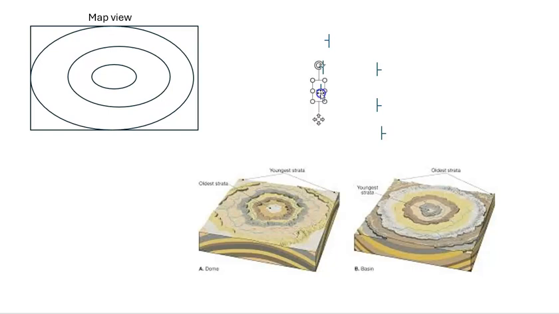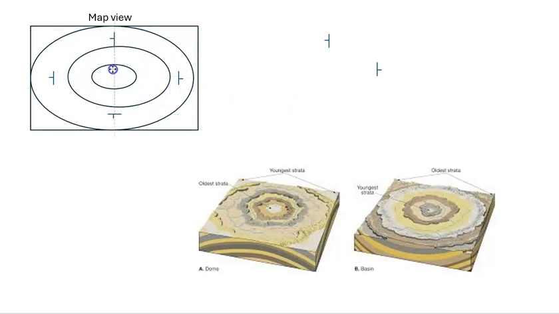And of course, just like the stripe pattern, we can tell you the way that the beds are tilted to help you ID. So if I bring over my strike and dip symbol and I say, look, the beds are tilted away from the center. Away from the center is going to tell me that, they're all away from the center, right?